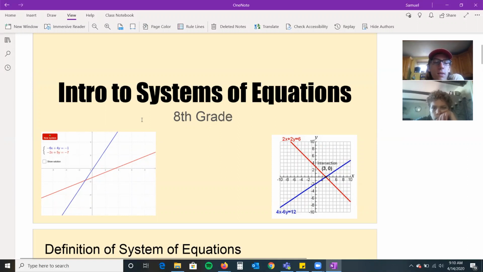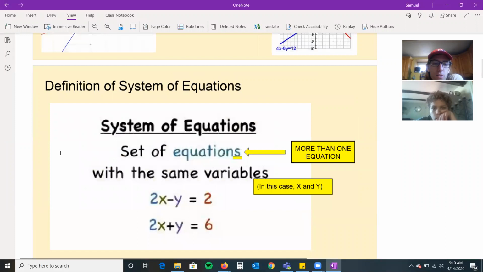Here's a couple pictures of them. Let's go to the definition of systems of equations. The definition of a system of equations is a set of equations with the same variables.